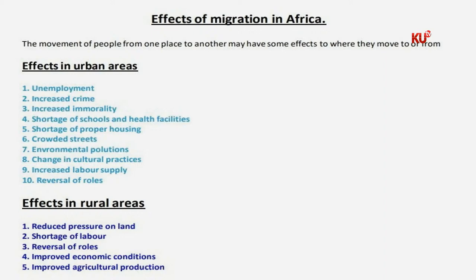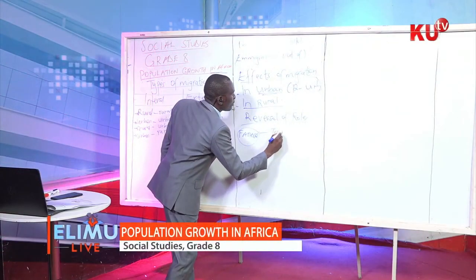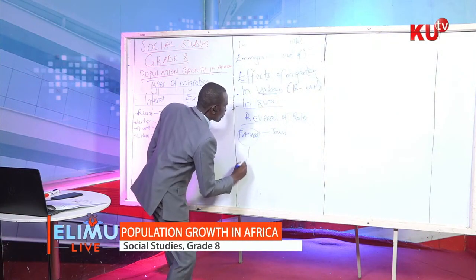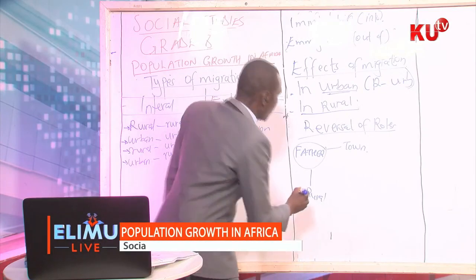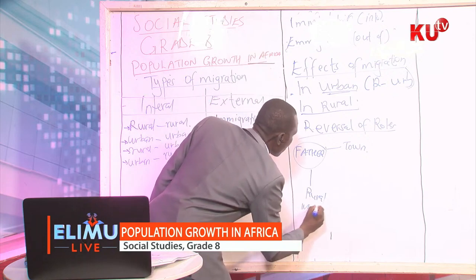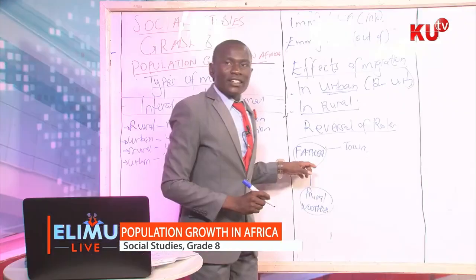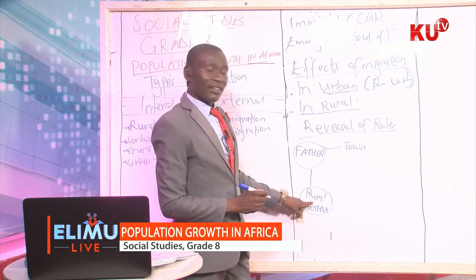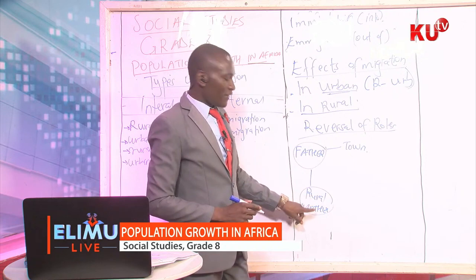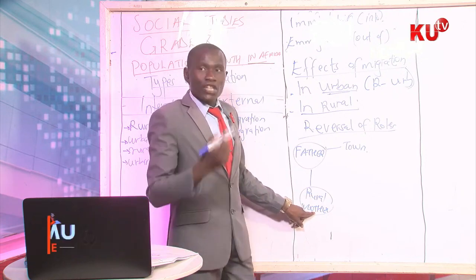If I am the father working in town, my family is in a rural area with the mother. It means the roles that the father would perform in the rural area are going to be performed by the mother. That is the change of roles.